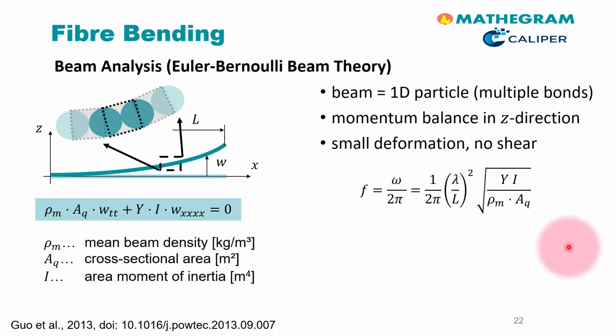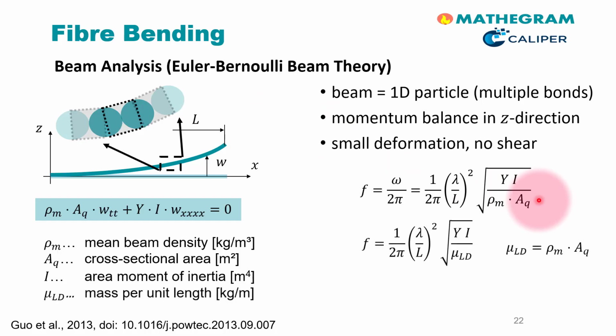We now need to connect this solution with our bonded particle model. Also, this is quite easy. First, we replace the product of the mean beam density with the cross-sectional area with mu-LD, which we call the mass per unit length or the line density. The latter is perhaps a bit misleading, that is why I do not like it.